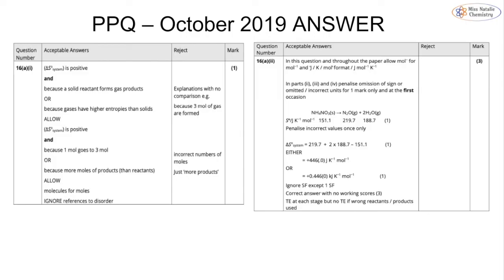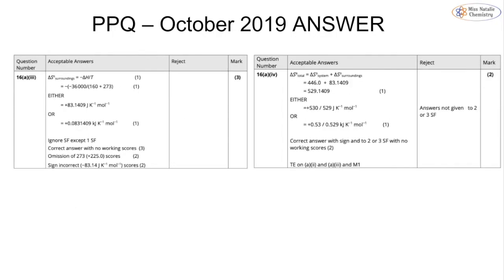So there you can see the mark schemes for the first 2 questions, so giving us our values of our entropy of system, and then working out our entropy of surroundings and giving us our total final answer of plus 529 or plus 530, depending on your rounding in previous questions.